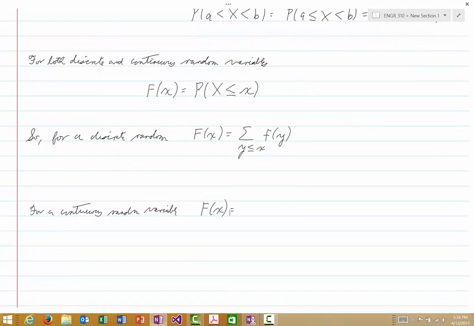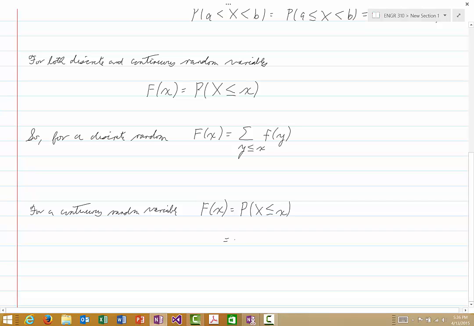Well, let's think about this now. For a continuous random variable, F of x is the probability that the random variable is less than or equal to x. So let's just repeat that. That's the probability that X is less than or equal to x.